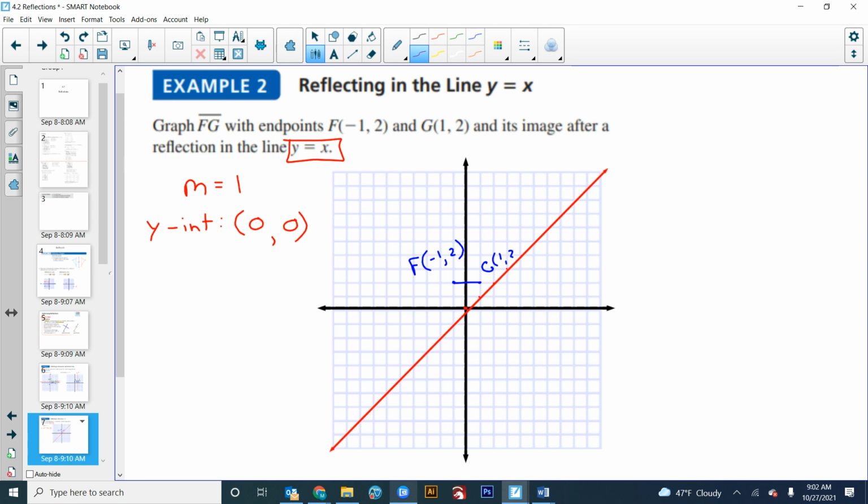One, do you all see where F prime is going to be? If this is your line of reflection, isn't F going to be on the perpendicular line over here? Can you envision that? Please be honest. Can you envision this imaginary perpendicular line that goes to the line of reflection? Can you imagine it? And then can you imagine whatever this distance is here, F prime is going to be the same distance over here.